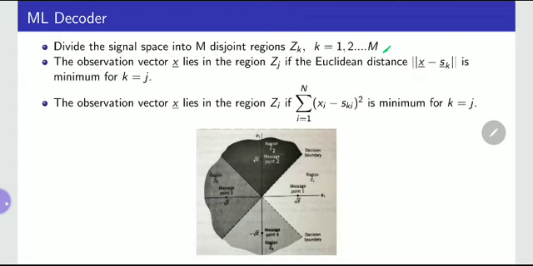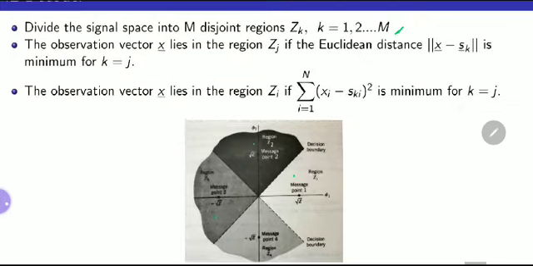Once we receive a vector, we will look into that particular region, and we will decide that if the vector is in region 2, then message 2 was sent. If it is in region 1, we will decide that message point 1 was sent. If it is in region 3, we will assume that actually message 3 was sent.